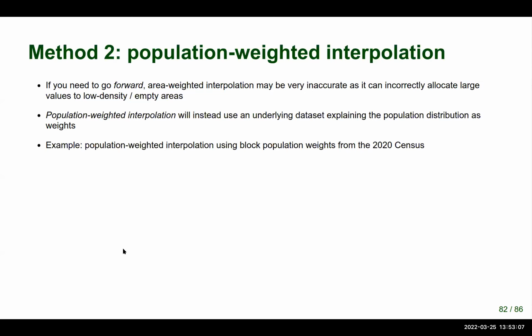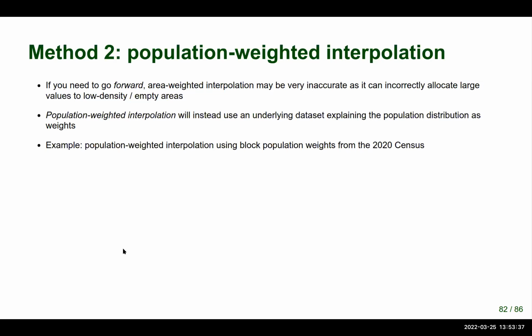I'm going to show you how to do population-weighted interpolation using block population weights from the 2020 census. We call this block centroid weighted allocation. If any of you have ever used Esri's Business Analyst software, this is the method they use. If you draw, say, a buffer zone or a travel time area, you can compute in Esri's Business Analyst the estimated number of people within that irregular shape.